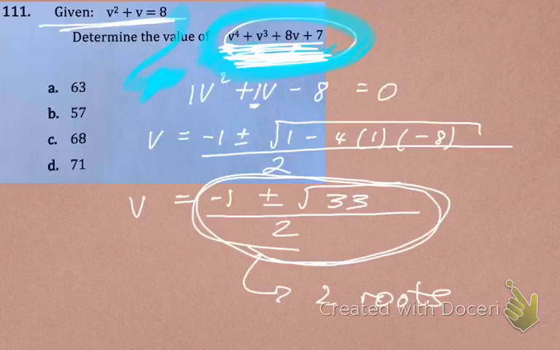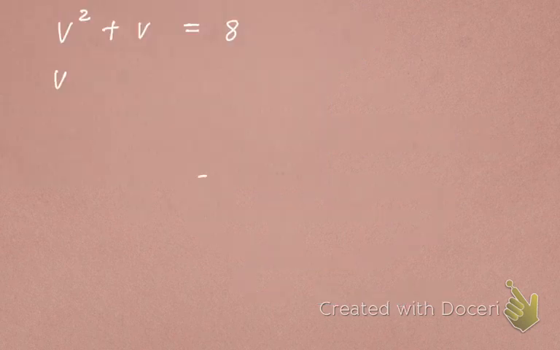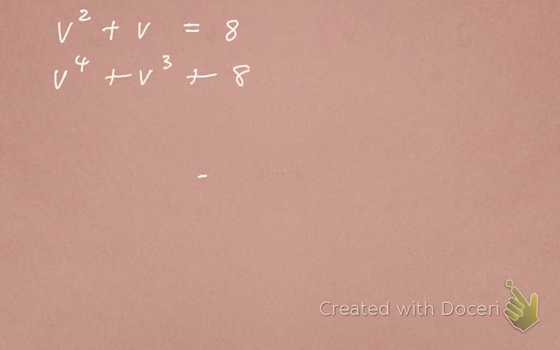So we're going to simply use v squared plus v is equal to 8 as it is, and then use that expression to find the value of v to the 4 plus v to the 3 plus 8v plus 7. And so that's what we're going to do.